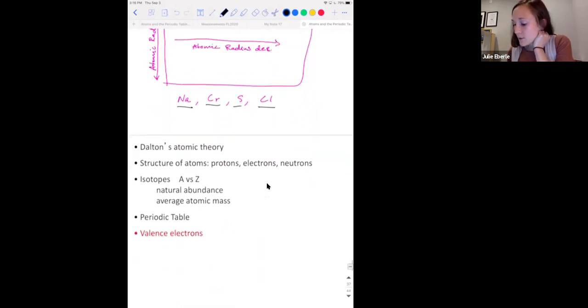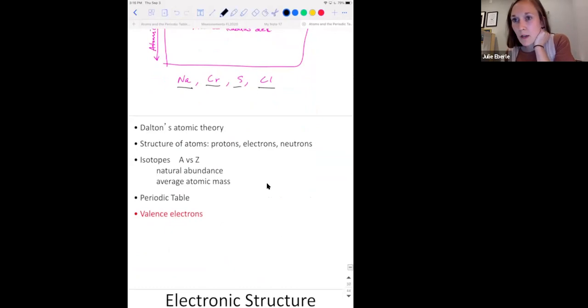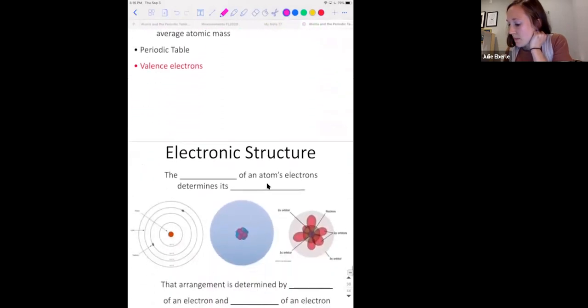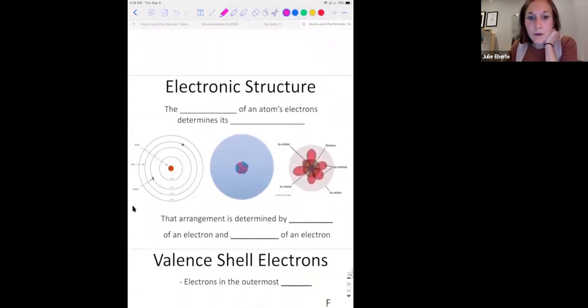Okay, next we're going to talk about valence electrons, and we're going to spend the rest of our time on valence electrons. All right, here we go. So we have 3 pictures of an atom here, and you are most familiar with the middle one. Here we said this was the nucleus.